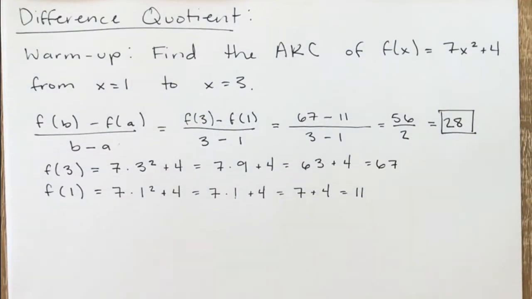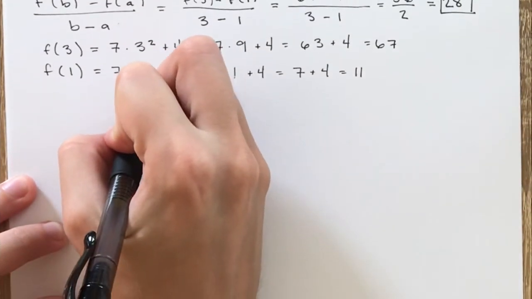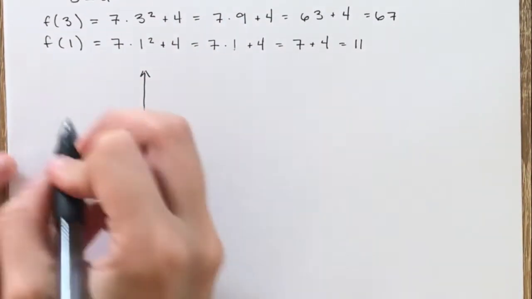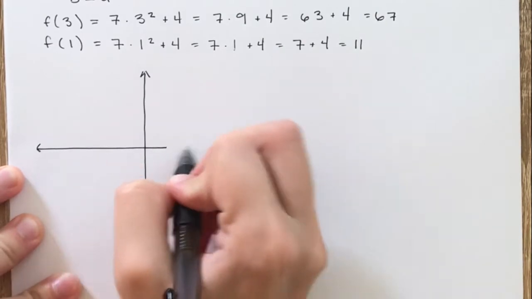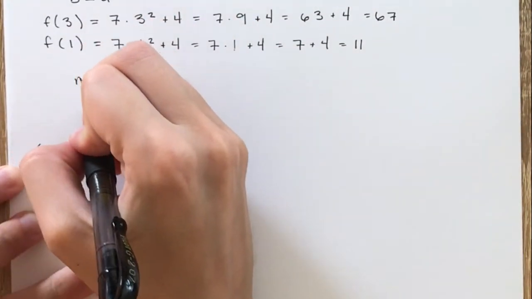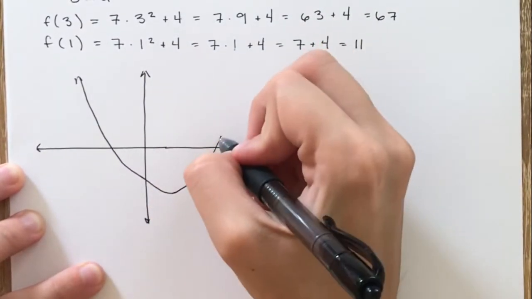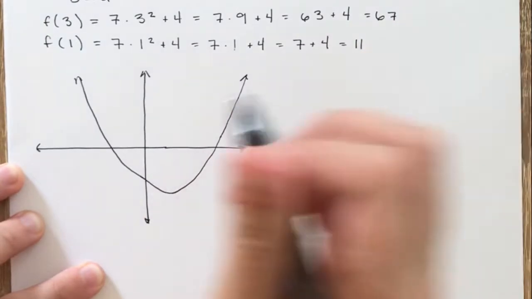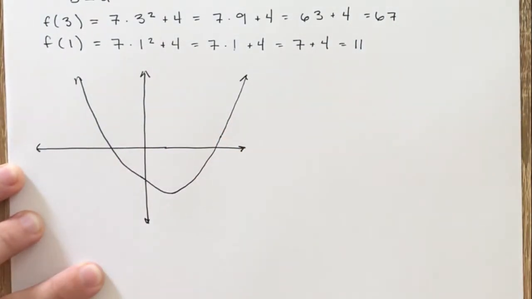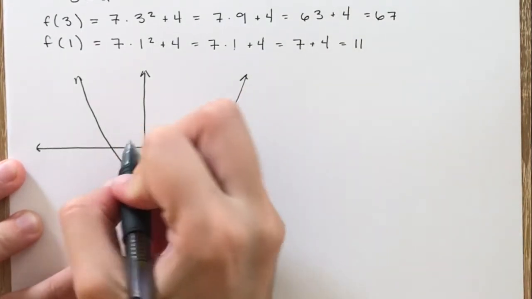How does this extend into difference quotient? What is difference quotient? Let's look at a graph again. So before, with average rate of change, we were finding the slope of the line between 2 points on a graph.